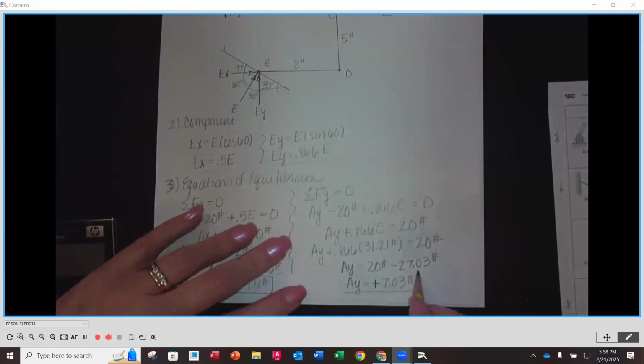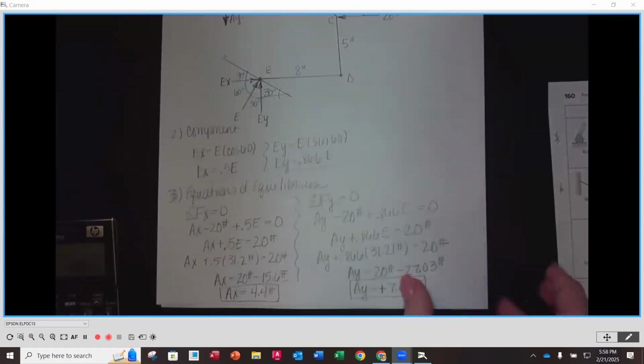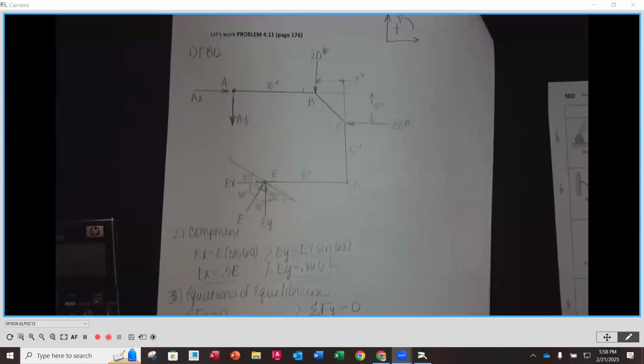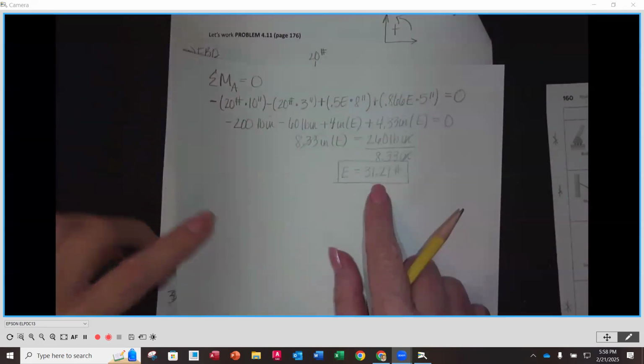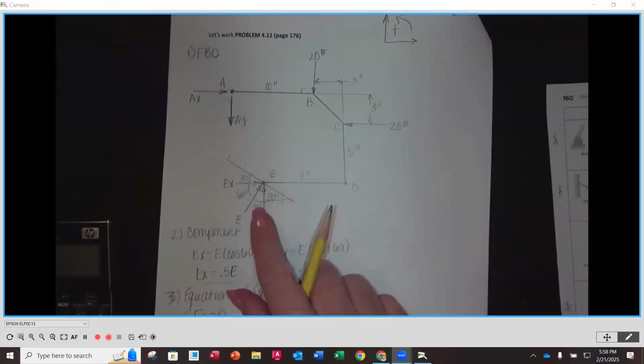So our AY is magnitude of 7.03 pounds, and in the free body diagram, we have it going down. Now, E came out to be a positive value, so that confirmed the direction that we had here. Same thing for AX.